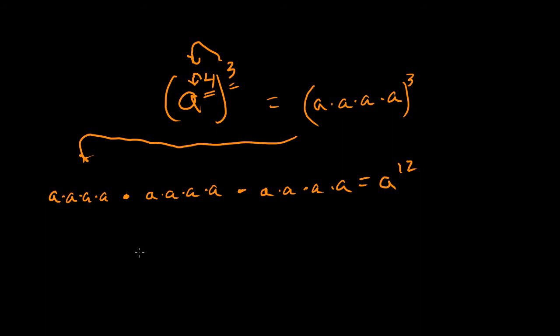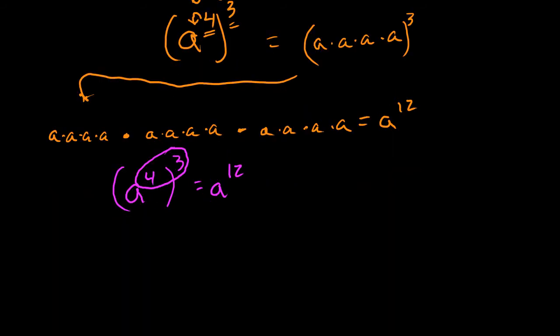Well, a to the 4th raised to the 3rd gave us a to the 12th, and it seems that we just multiplied the exponent inside the parentheses with the exponent outside the parentheses. A more general rule for this would be to say, if we had an exponent in the parentheses and an exponent out of the parentheses, that the simplest form is a to the m times n.